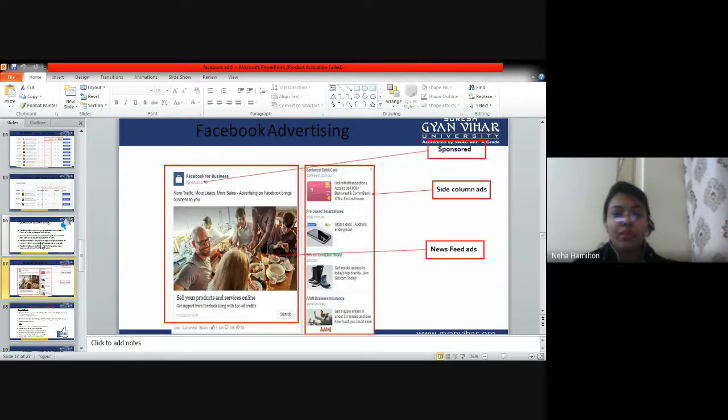I will show you a paid ad, and then I will show you that a small, black, bold "Sponsored" is written whenever you scroll down your Facebook page. Here you can see that sponsored is written. That way sponsored will be written in a Facebook paid ad.